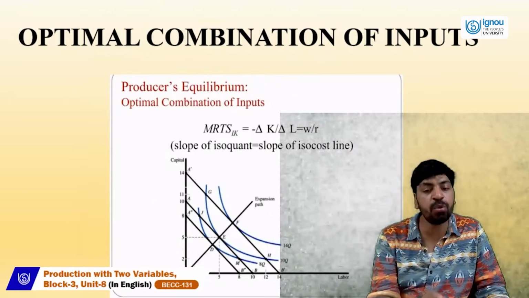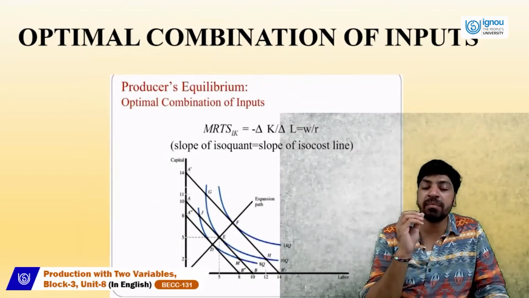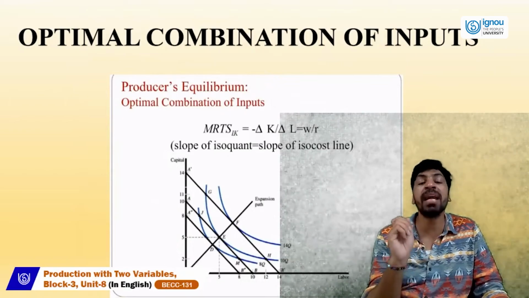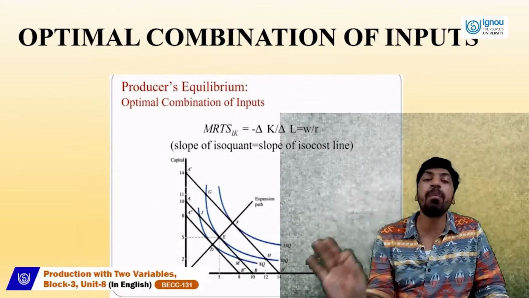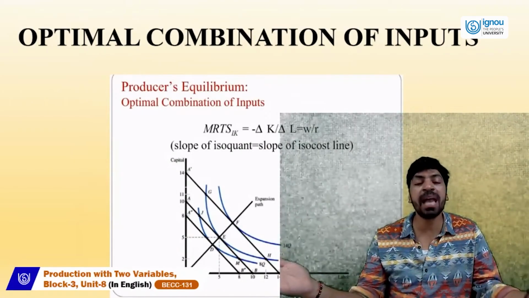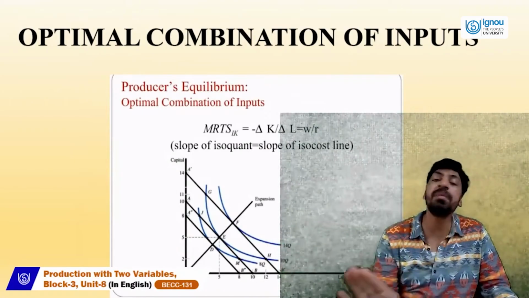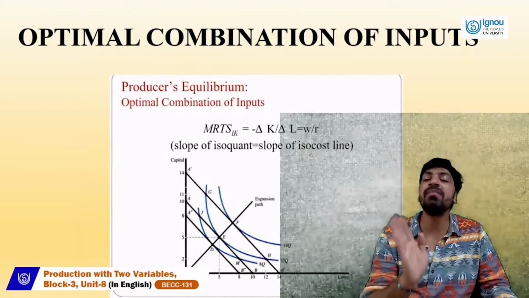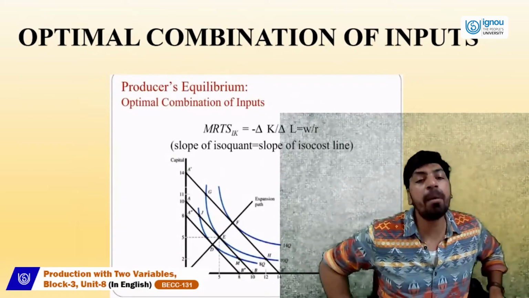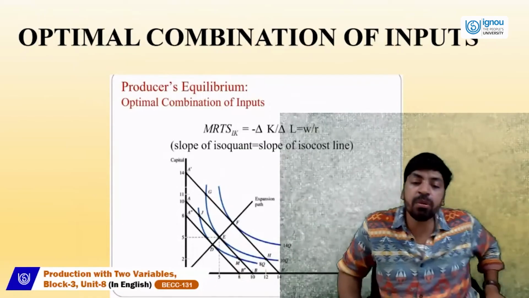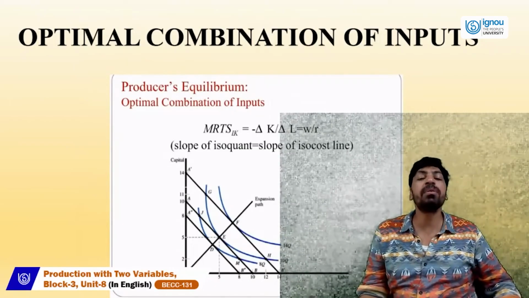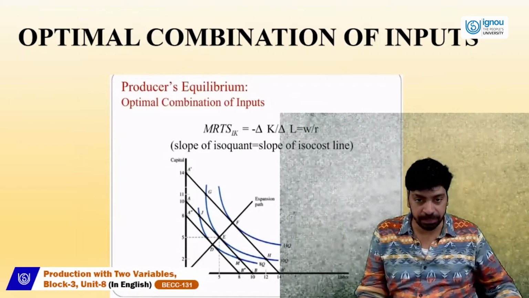Here the labor is 5 and the capital is 5. That means wherever the labor and capital have been combined, it produces the same level of output, and that's called the optimum combination of output by combining the two variable inputs, labor and capital.